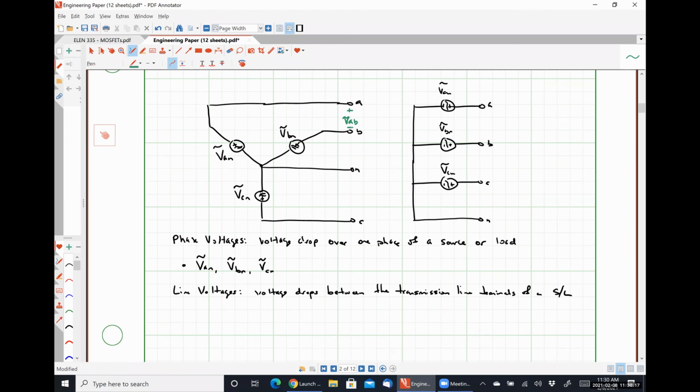It's a little bit easier to do them over here. So we might have VAB, here would be VBC, and between here and here would be our line voltage VCA. Those are the three principal line voltages that we'll deal with: between terminals A and B, between terminals B and C, and between terminals C and A. So these are our line voltages.